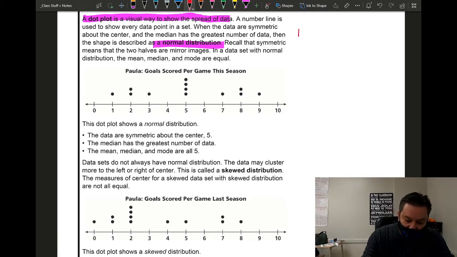Delete one from the left, one from the right, left, right, left, right, and then everything in the middle is right there.